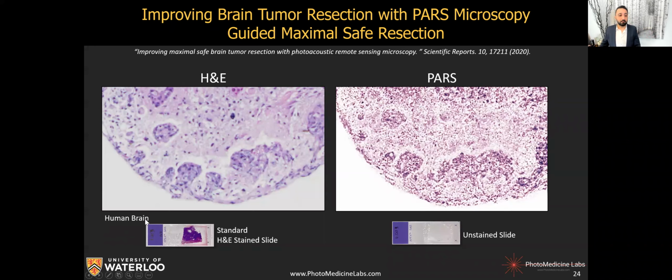So we said that we have this glass slide, a standard H&E glass slide. And we thought, can we image an unstained slide using PARS and get similar information for us to practice and to understand this technology better? So this is a human brain. And this is the first time anyone used this technology on human samples.